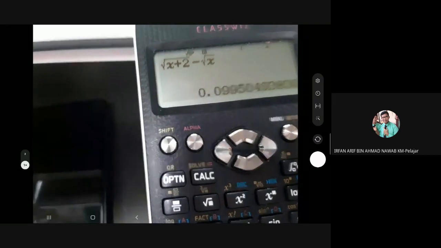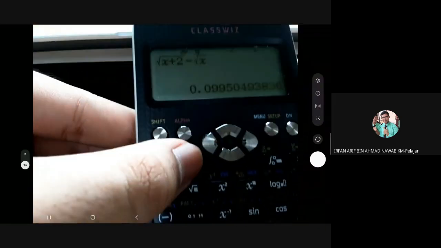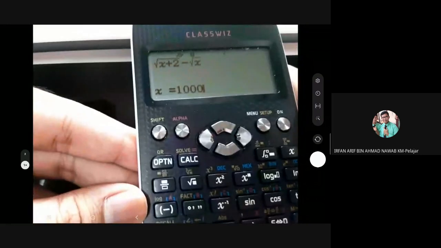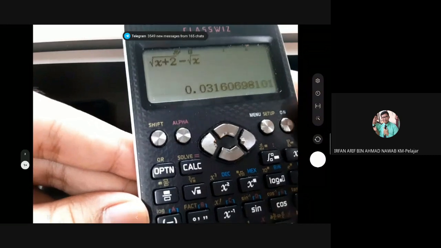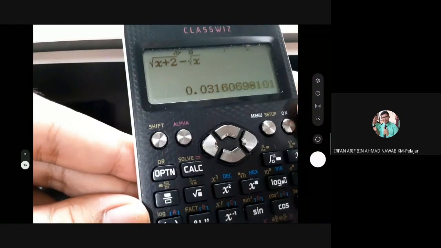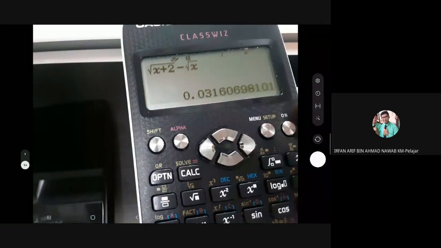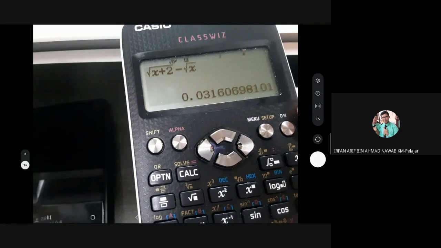Let's see what happens if we evaluate for 1000. Just press calc, then enter 1000 and press the equal sign. You will get 0.0316. Before this it was 0.099, and then it becomes 0.0316.